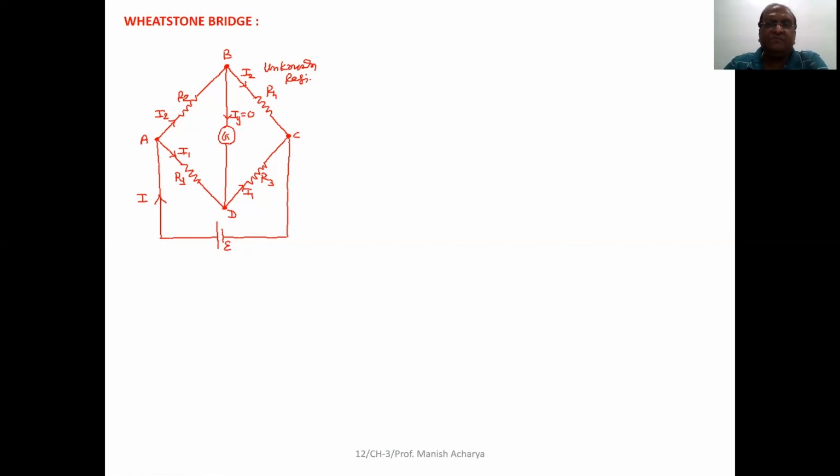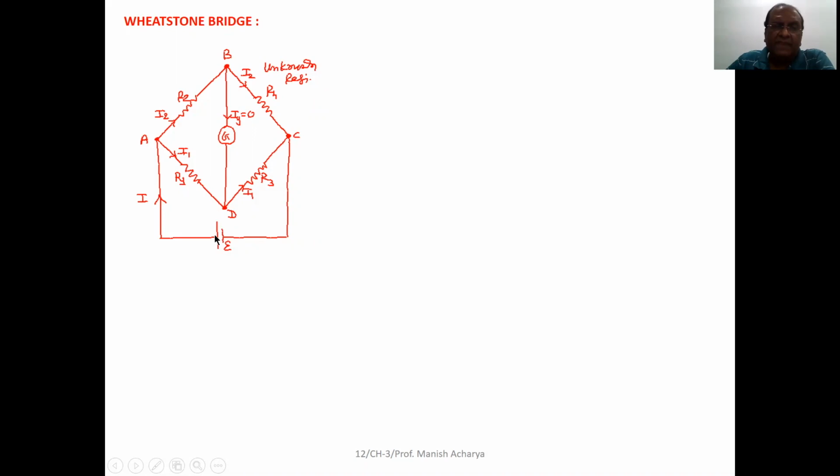Now using this particular circuit, one can find the unknown resistance. Say, out of these four resistances, R1, R2, R3, R4, suppose we take R4, that is an unknown resistance.